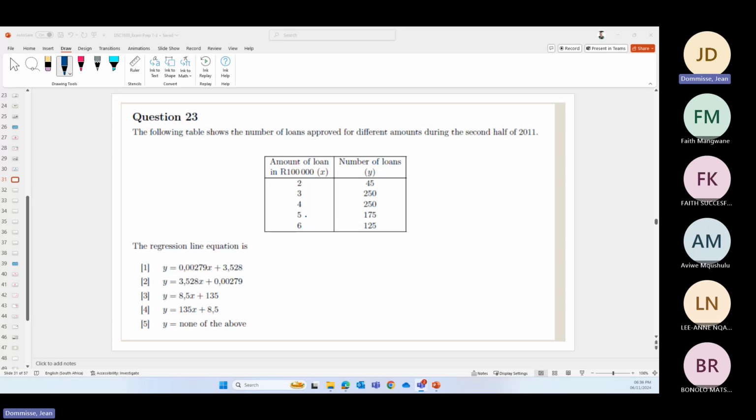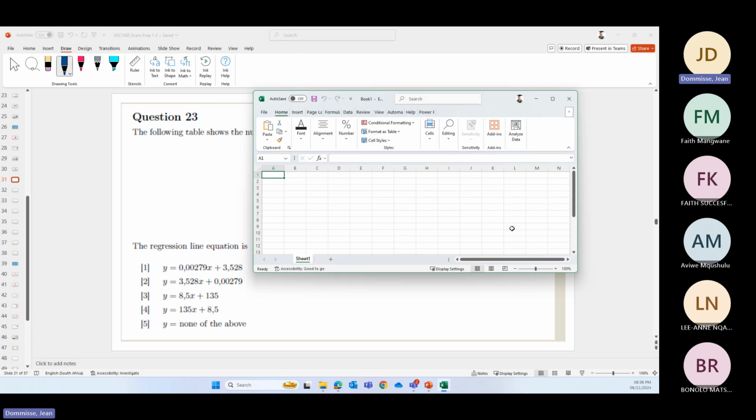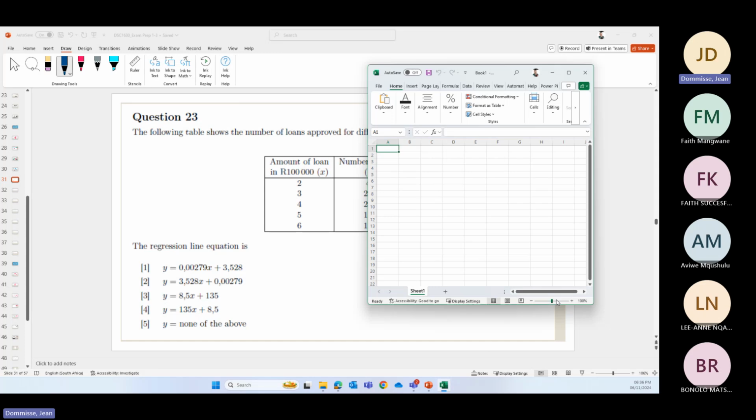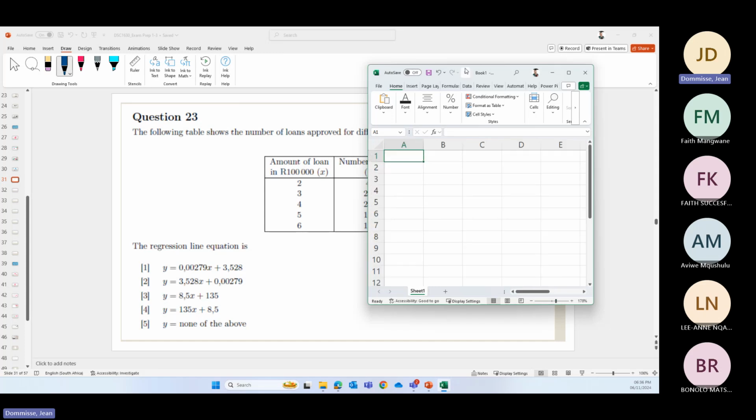If you have an HP, let me know. If you have a Casio, let me know in the chat. There's also Sharp and HP. So just let me know if you're not going to use Excel. I'm going to share the Excel spreadsheet with you as well, but if you're using any of the calculators, just let me know in the chat so that I can get you the steps.